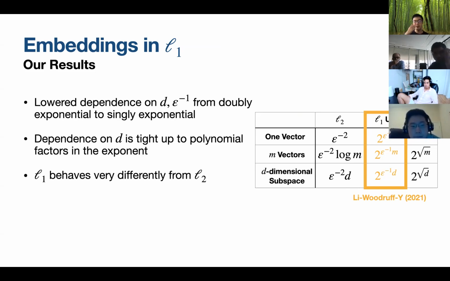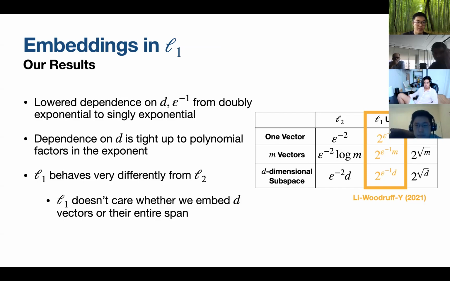And finally, our results say something very interesting about the difference between the characteristics of L1 and L2. If we take a look at the last two rows of our results, we'll see that the bound for M vectors and D-dimensional subspaces is essentially the same. So what this says is that L1 really doesn't care whether we embed D many vectors or the entire span of these D vectors.